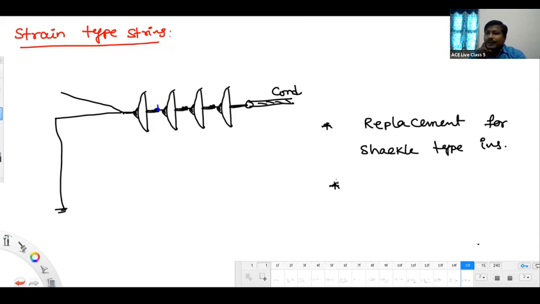The strain type string we can use starting from 11 kV. Even for 11 kV, you will be using the strain type string, so it is used for voltage levels greater than or equal to 11 kV.